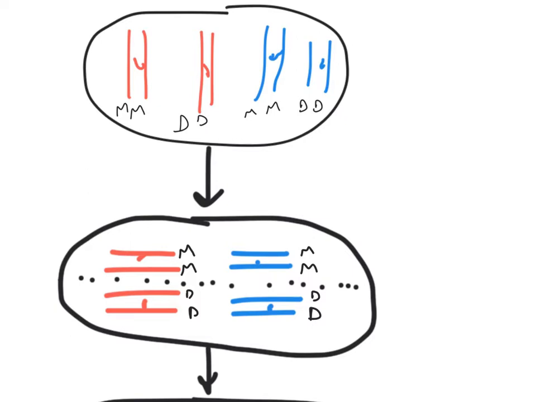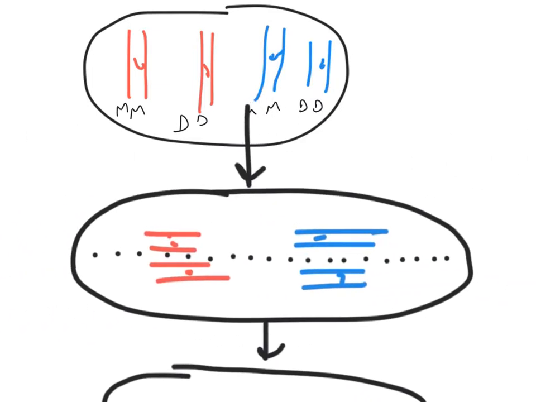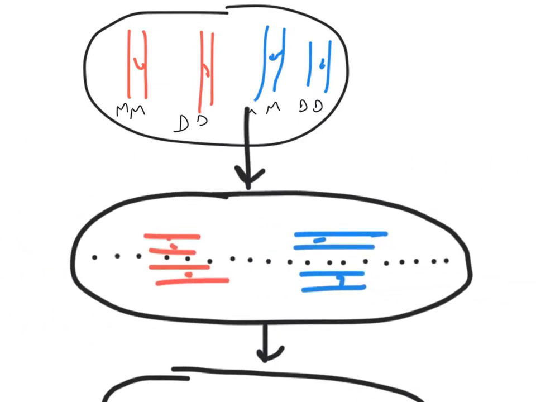So it's not the case that because the mom's versions are on top on the left side, the mom's alleles of the chromosomes have to be on the right side as well, on the top. Now, that's in one cell that's undergoing meiosis.